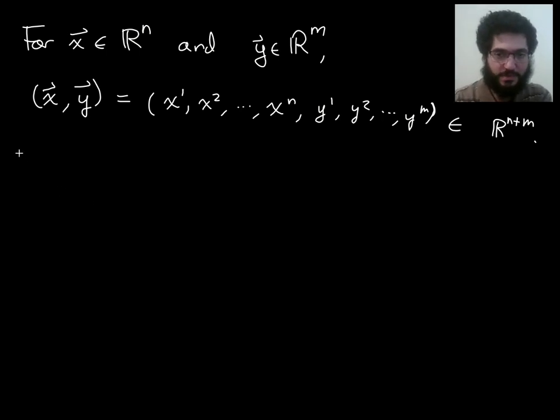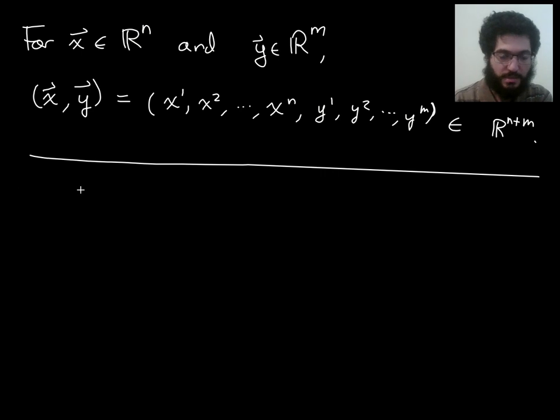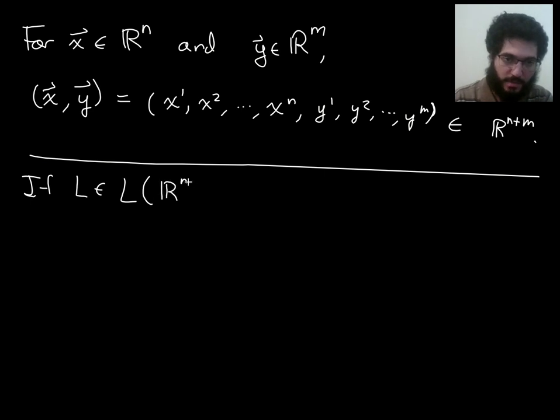Okay, and the next bit of notation is about linear maps. So let's say L is a linear map from R^(n+m) to R^n.